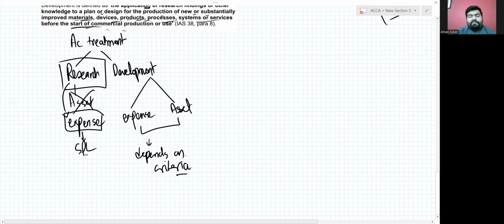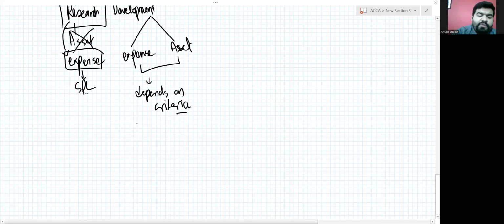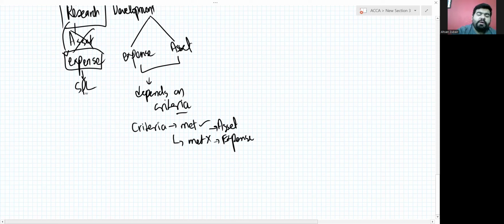If the criteria is met, then you will classify it as an asset. And if the criteria is not completed, then we will classify it as an expense. So it totally depends on the criteria whether it should be classified as an asset or as an expense.